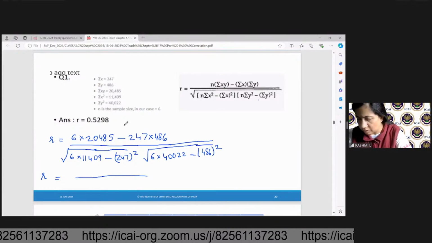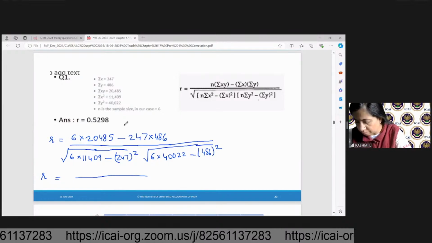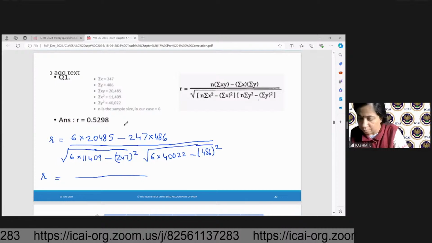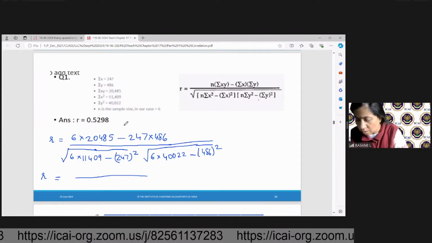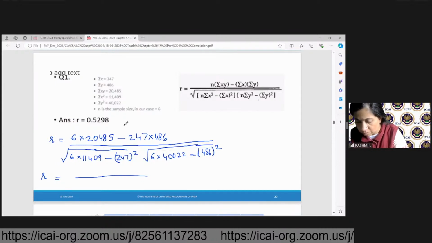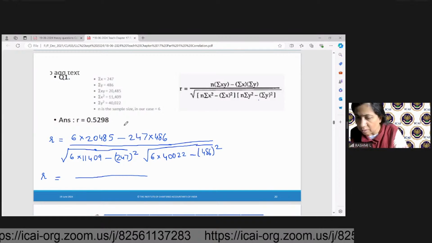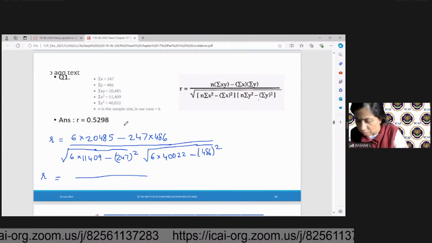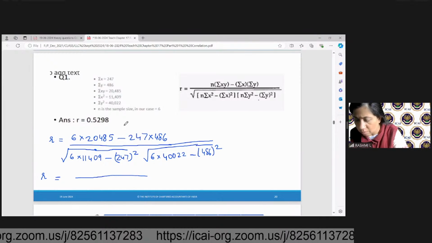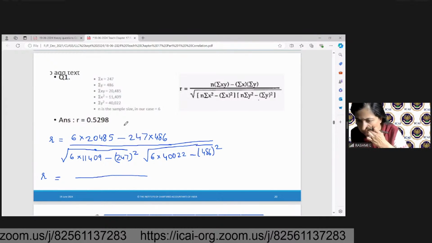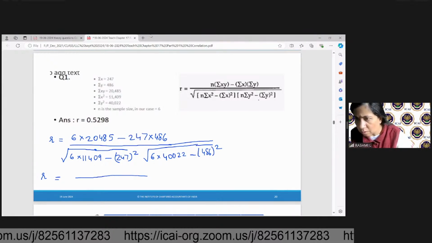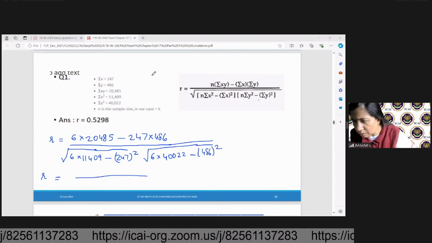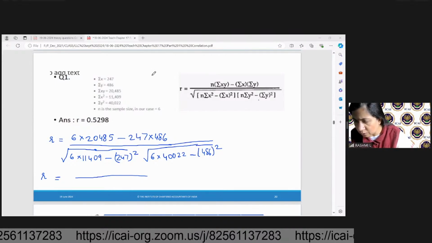247 square. Square of 247 is 61009. Yes, thank you, Anushka.